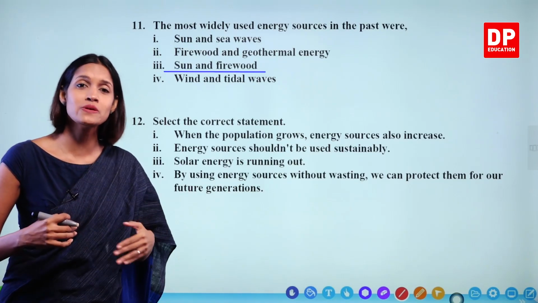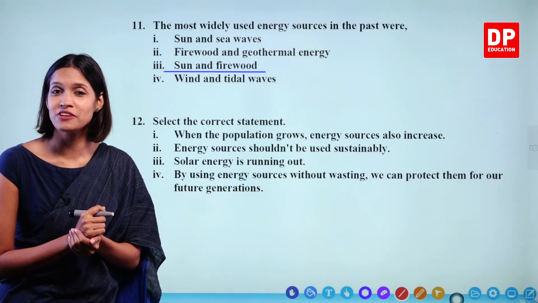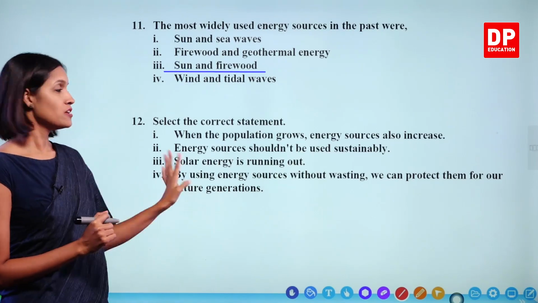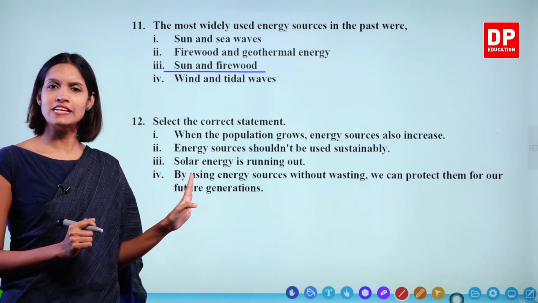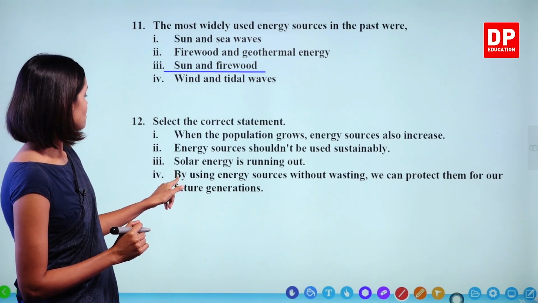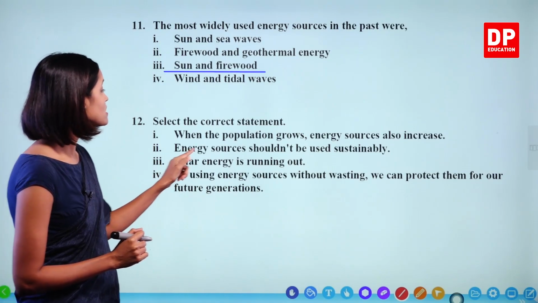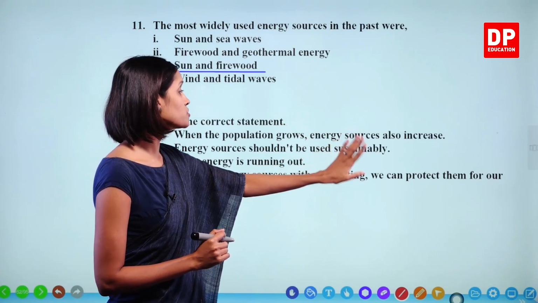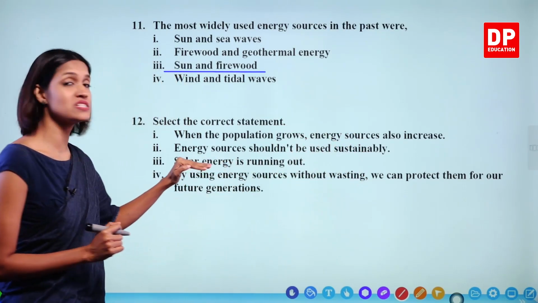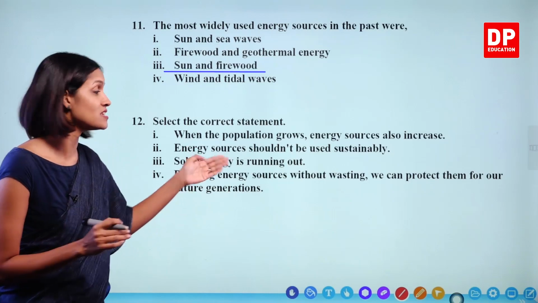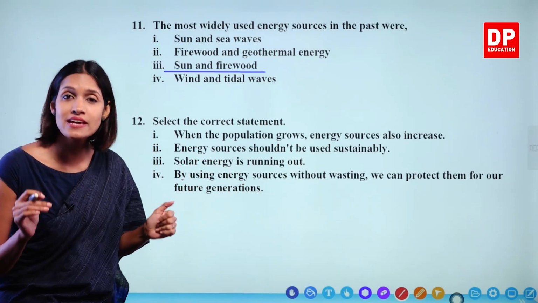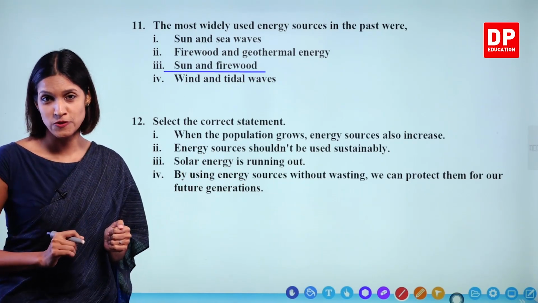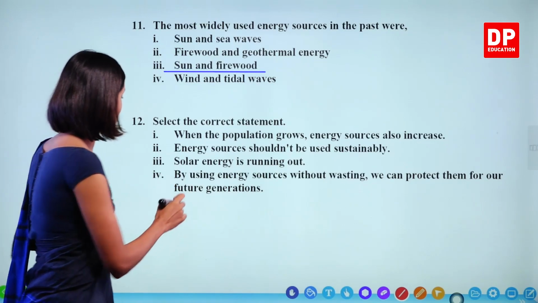Renewable energy sources means the type of energy sources that we can obtain again and again. So we are not running out of solar energy. Next one, by using energy sources without wasting, we can protect them for our future generations. This is correct. This is what we call sustainable use of energy sources. So answer number 4.